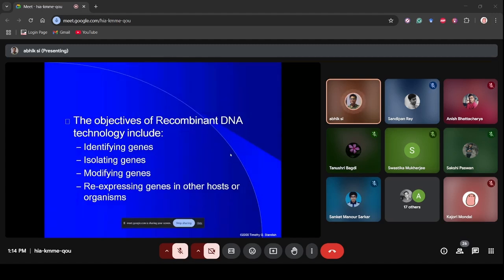If I can cut that gene and incorporate it into another host cell, maybe an animal, a plant, or even a bacterium, and that organism produces insulin, then indirectly we are producing human insulin, because that gene is from a human, just incorporated inside another species.